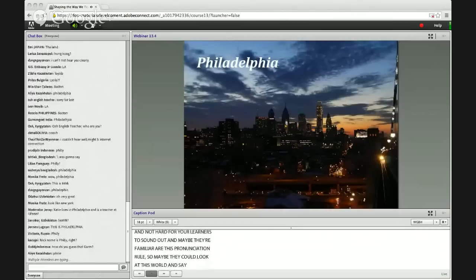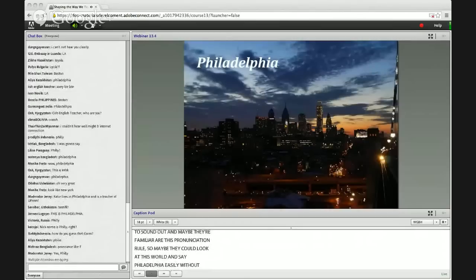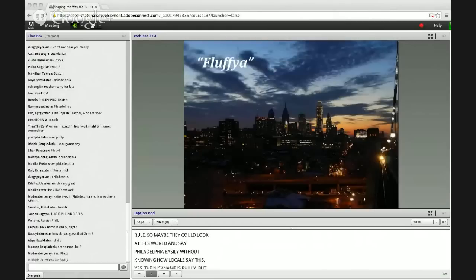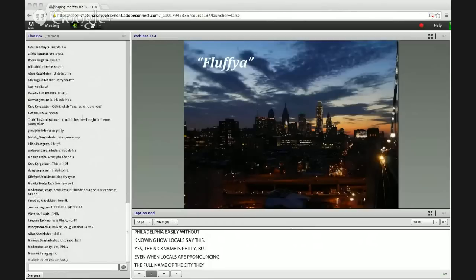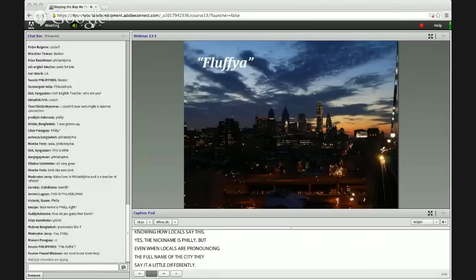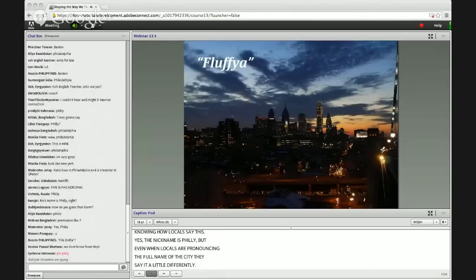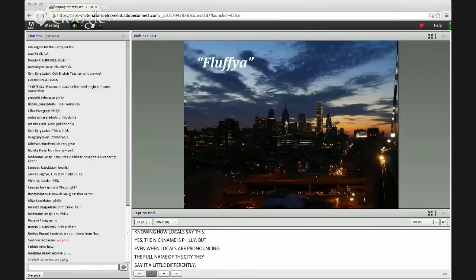Yeah, so the nickname is Philly, but even when locals are pronouncing the full name of the city, they say it a little bit differently. We sometimes say Fluffia. I'm from Fluffia, Pennsylvania. So instead of saying Philadelphia very clearly, we might pronounce it in this reduced form, meaning we take out some of the syllables.